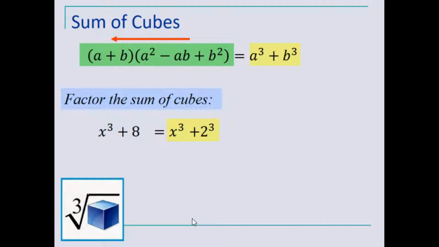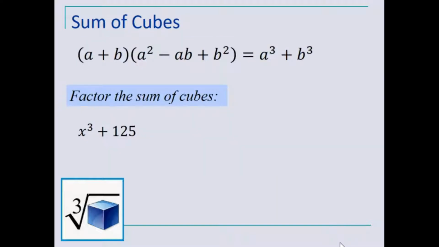A plus b for this particular binomial is x plus 2, the cube root of the first plus the cube root of the second, times the square of the first term, opposite sign, product of ab, which is 2 times x for this particular binomial, plus b squared, and 2 squared is 4. It should be noted that this trinomial is prime and cannot be broken down further.